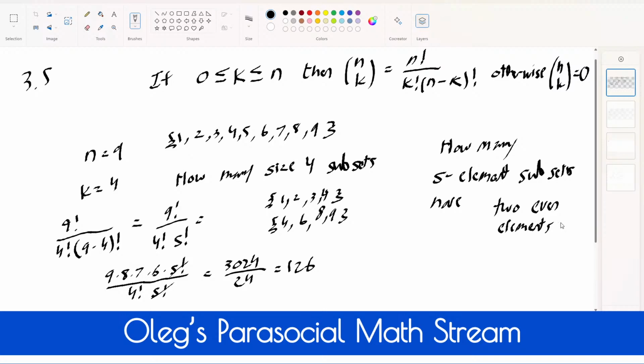Okay, so the K is going to be equal to 5. Now the N is going to be different. So we have to think about this for a minute here.